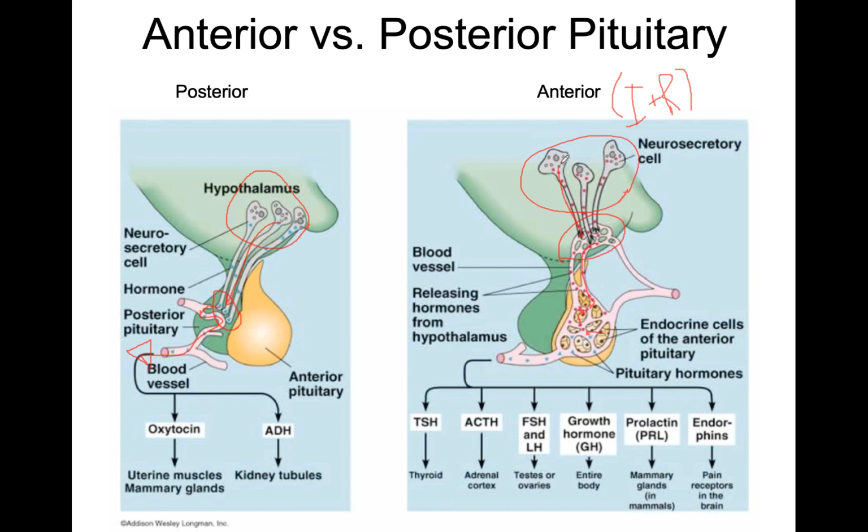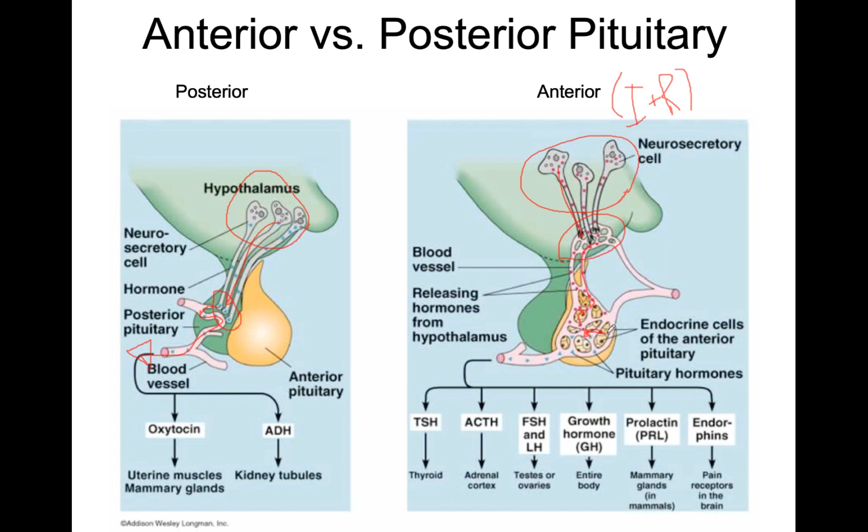So the inhibiting and releasing hormones are made in the hypothalamus. They travel down, enter into the first capillary bed to make their way down into the anterior pituitary gland, where they diffuse out into the tissues of the anterior pituitary, stimulating those cells to produce their own hormones.